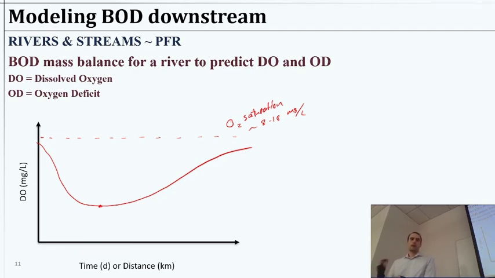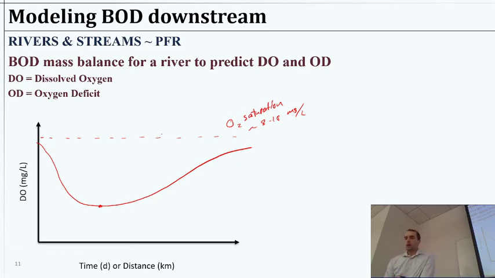That's an important distinction. The other thing is we can predict when or how far downstream that will happen. Especially if we have multiple waste discharges in a system, we can say, here's a problem spot. Let's make sure that any other wastewater discharge doesn't overlap and cause a big problem at this juncture, because it's already stressed to its limit based on the BOD that it's receiving.